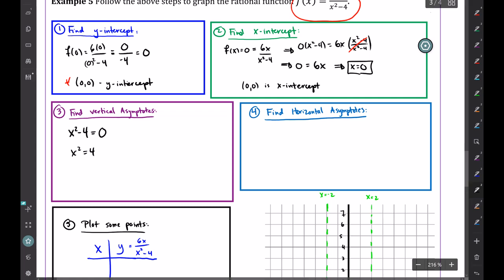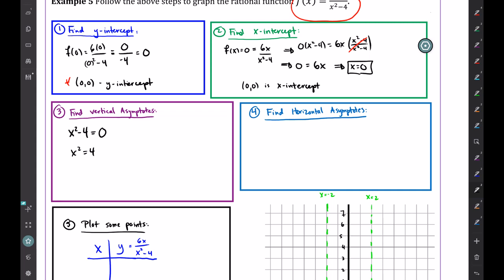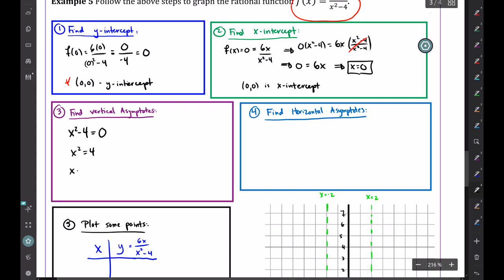Then we're going to take the square root, and so we get x is equal to plus or minus the square root of 4, or x is equal to plus or minus 2. So those are my vertical asymptotes. I'll highlight those in green.